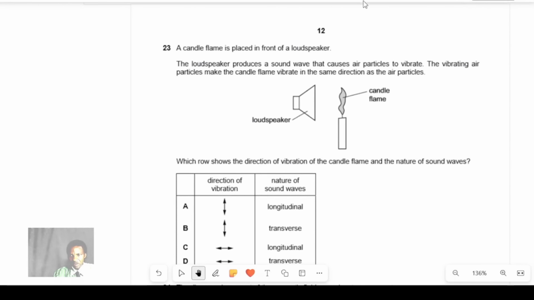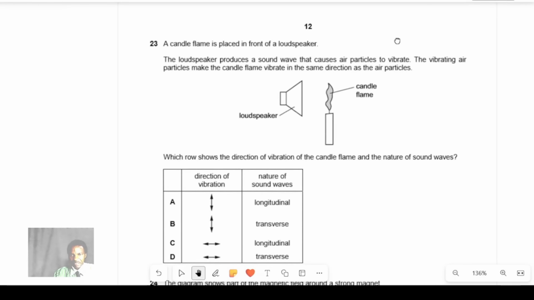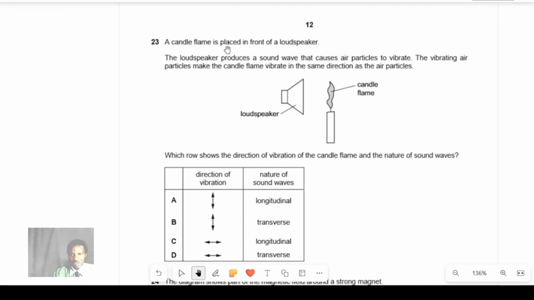Okay, question number 23. A candle flame is placed in front of a loudspeaker. So this is the loudspeaker. The loudspeaker produces sound waves that cause air particles to vibrate. The vibrating air particles make the candle flame vibrate in the same direction as the air particles.